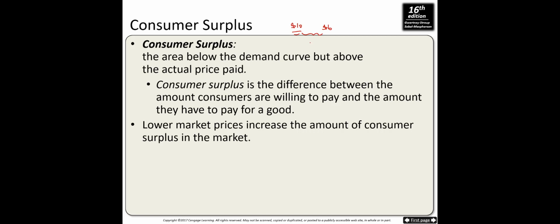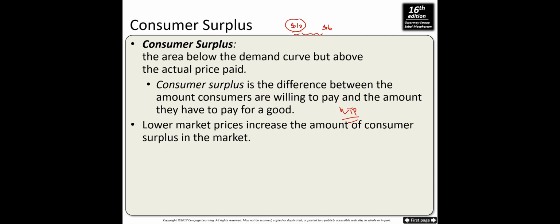In economics and mathematical representation, consumer surplus is the area below the demand curve but above the actual price paid. So consumer surplus is the difference between the amount consumers are willing to pay and the amount they have to pay for the good. So you're willing to pay $10 in this example and you pay $6. So the difference, $4, is your consumer surplus.